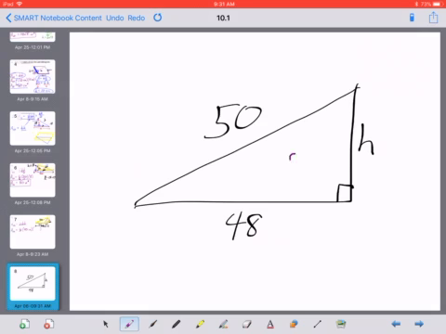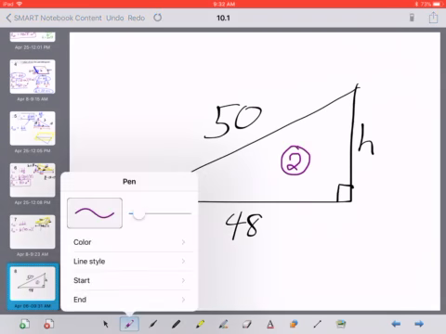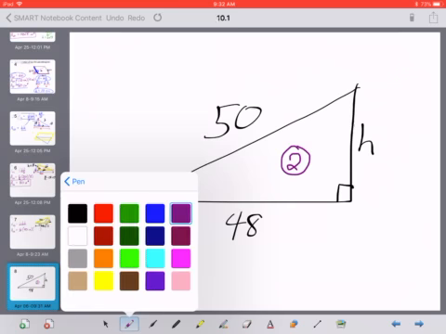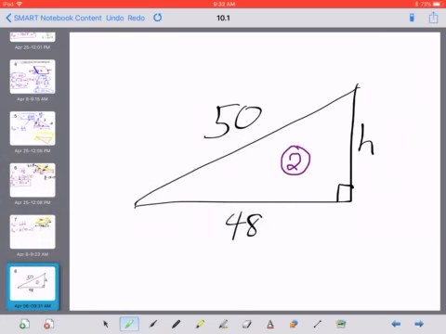That means that 2 is the greatest common factor right here that it could be. Let's divide out that 2 from both of those numbers right there. And when we divide the 2 out from 48, we're going to get a 24 right here. Dividing a 2 from 50 is going to give us a 25. And let's see, the third Pythagorean triple that you guys were asked to memorize back in Chapter 8 was a 7, 24, 25 Pythagorean triple.